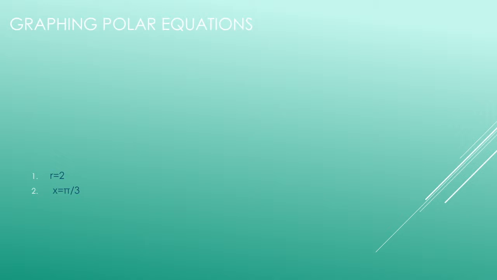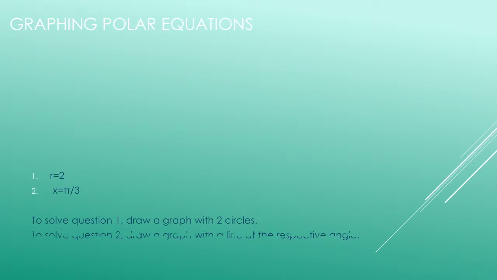To solve question number 1, we're going to draw a graph with 2 circles. That's going to be really easy to do. And for the second one, we're going to draw a line at whatever the respective angle is, in this case pi over 3 or 60 degrees.